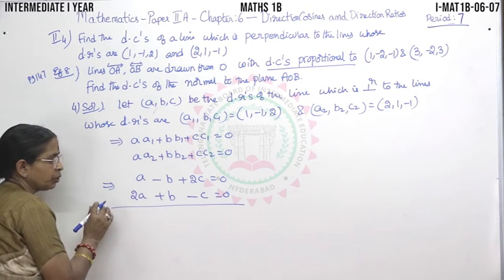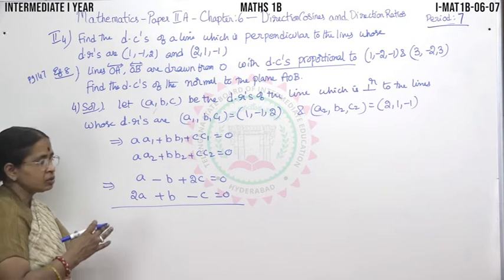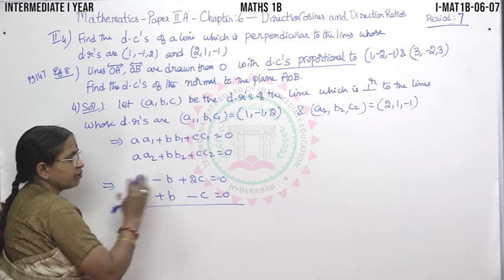Now you have only two equations and three unknowns, so you will get the ratio of these values.